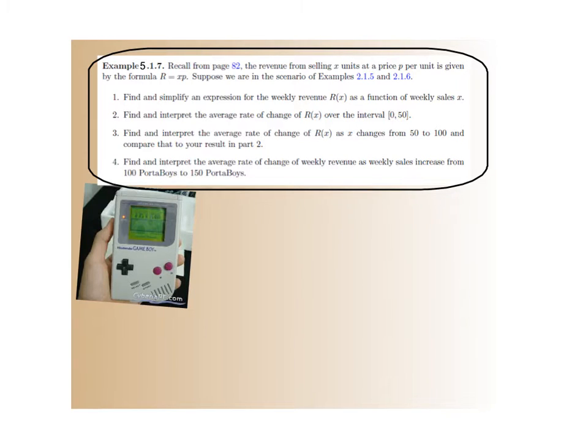We're down to real world application of this. They're saying, what if you sell... Selling x units. Yep, so it is selling stuff. What if you sell between 0 and 50 units? We can figure out the average rate of change for that situation.